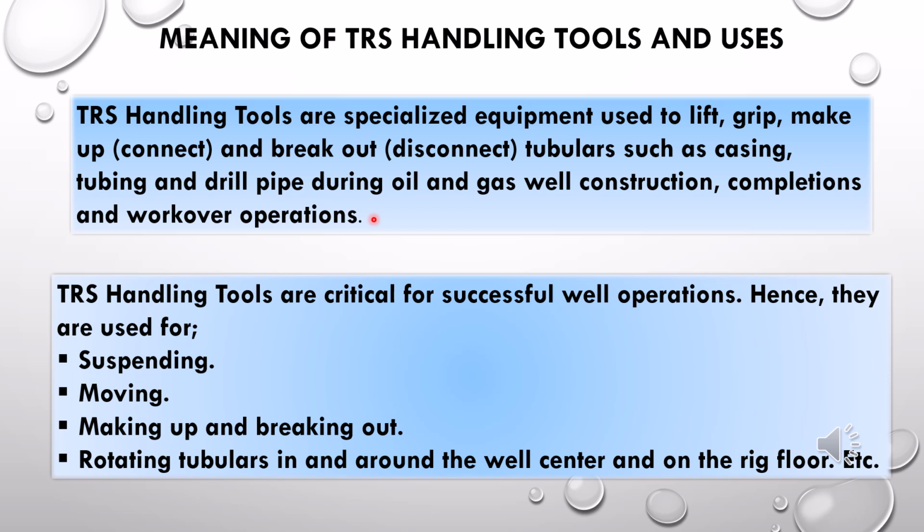And so these handling tools are critical for successful well operations, and hence they are used for suspending, moving, making up and breaking out, and of course rotating tubulars in and around the wellbore on the rig floor.